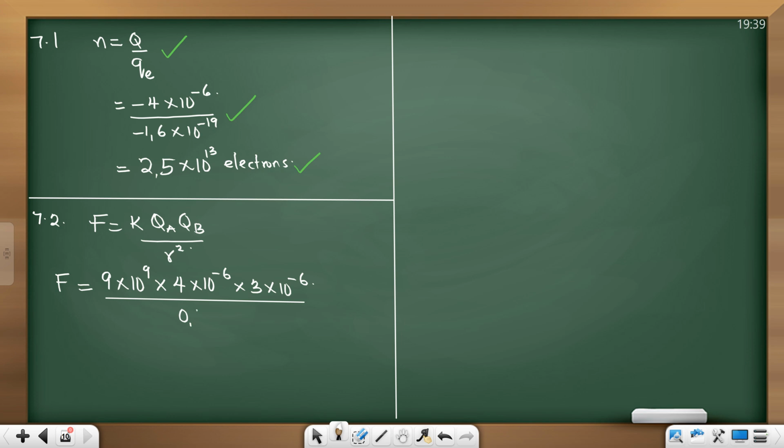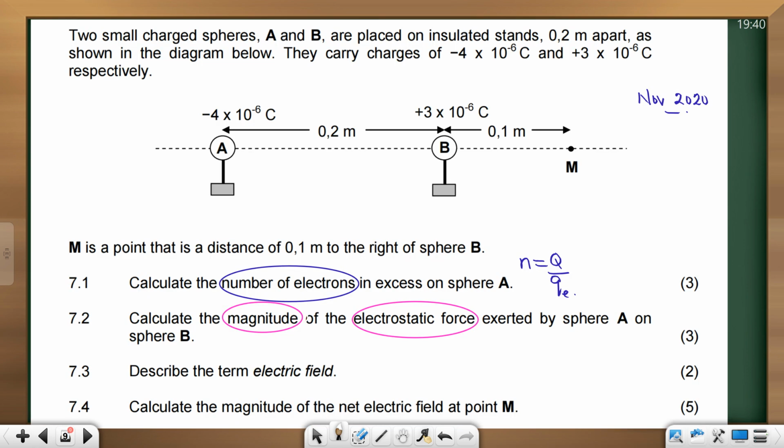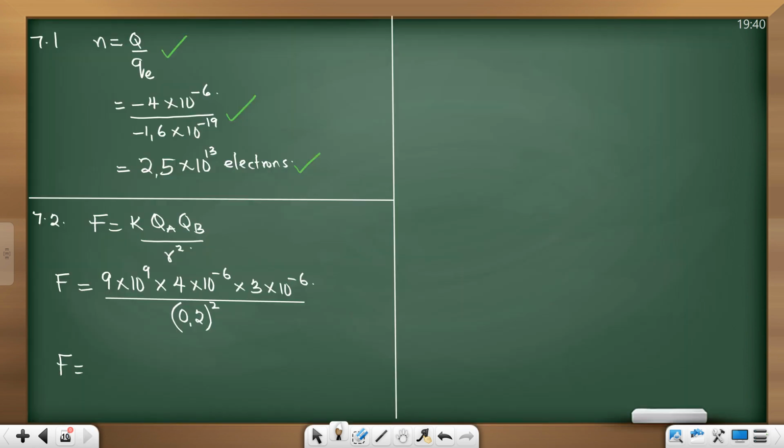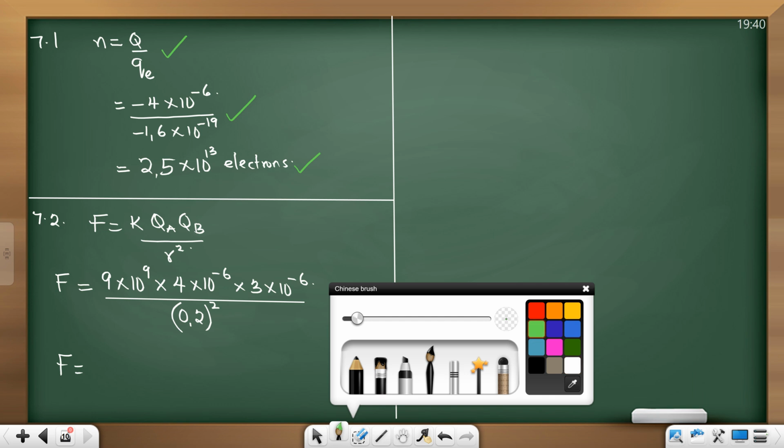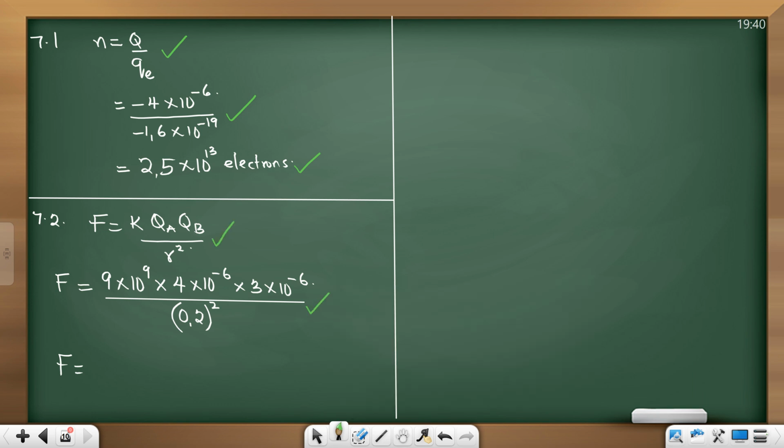Don't forget, it is squared. Please put this in a calculator. I want answers to come from you. 3 marks as well.